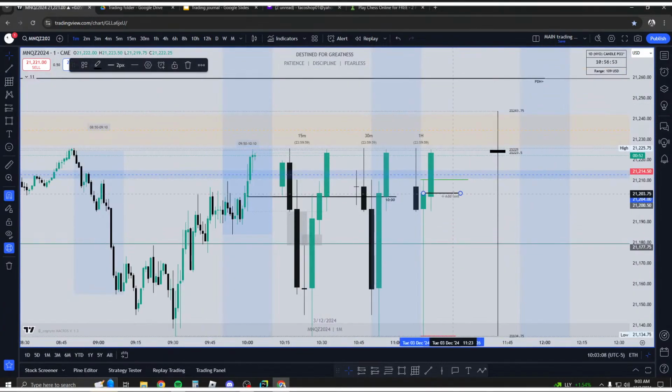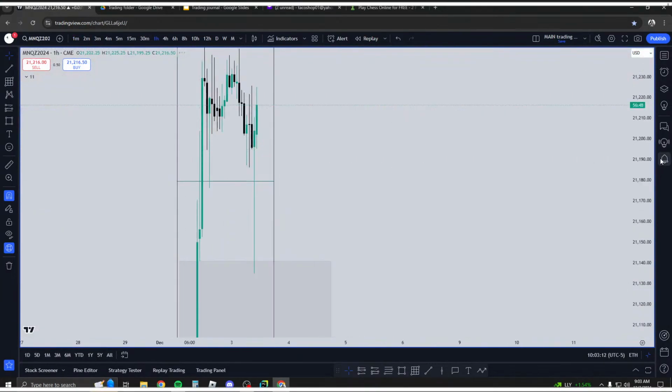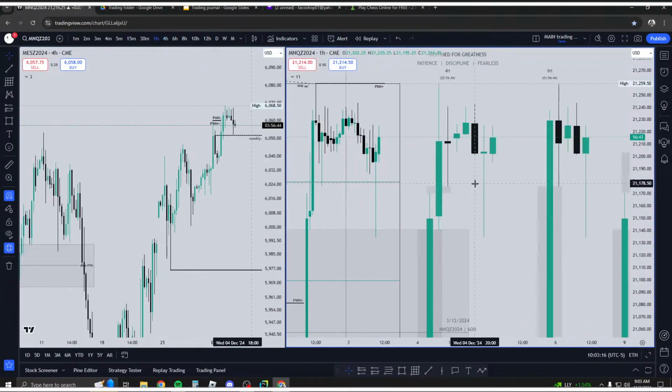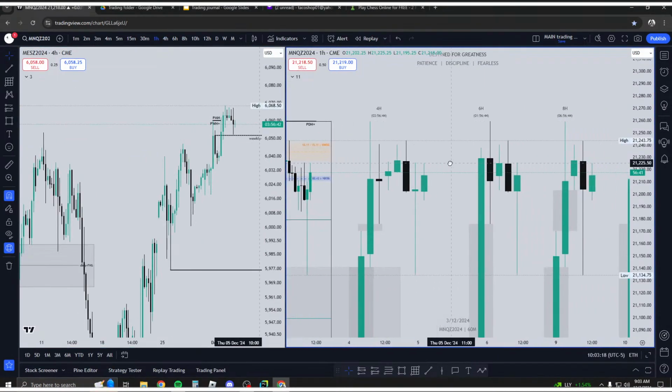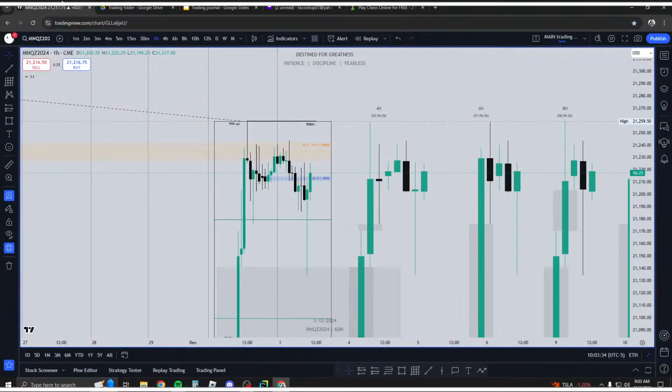And here on the hourly time frame, it appears that we are about to take out this 4-hour high. So we're about to complete the 4-hour objective, which for me would be the morning objective, to be honest. If we do take out that 4-hour high, I'm just going to end the stream, because there's really nothing for me to be a part of. But yeah.